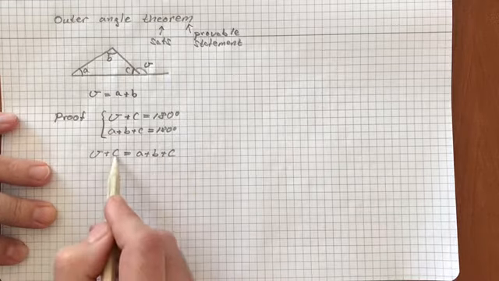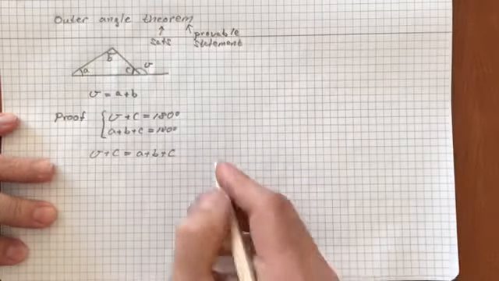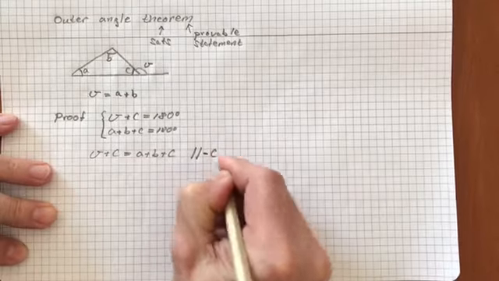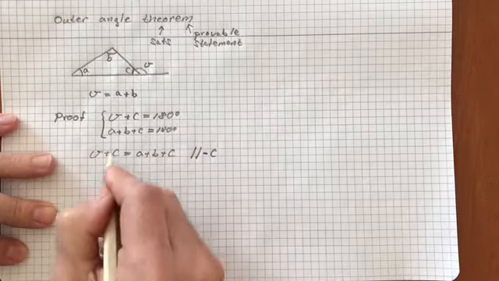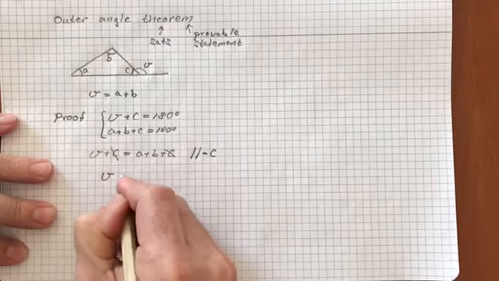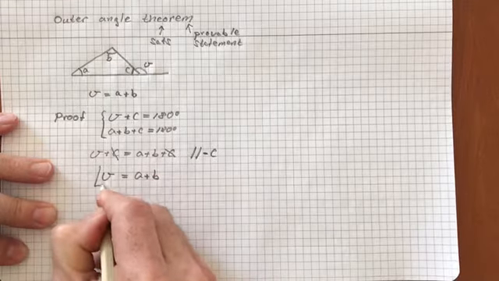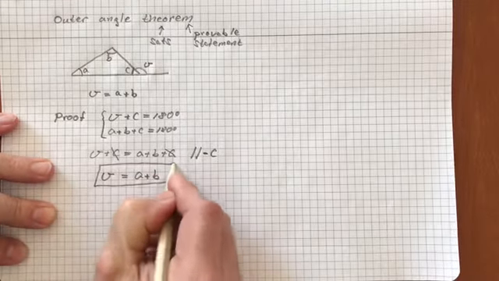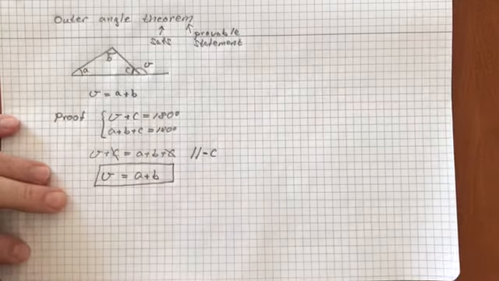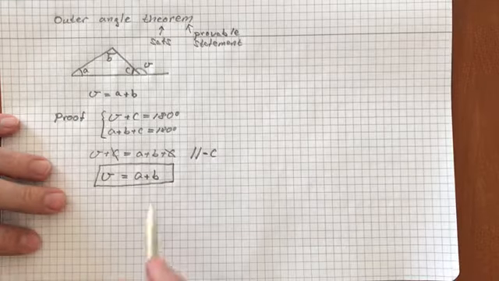Now you can see we have C on both sides. So let's subtract C. Subtract C. That cancels C out. And we have that V is equal to A plus B. This is the outer angle theorem. And we have just right now proved it. It's true forever and ever for every single triangle.